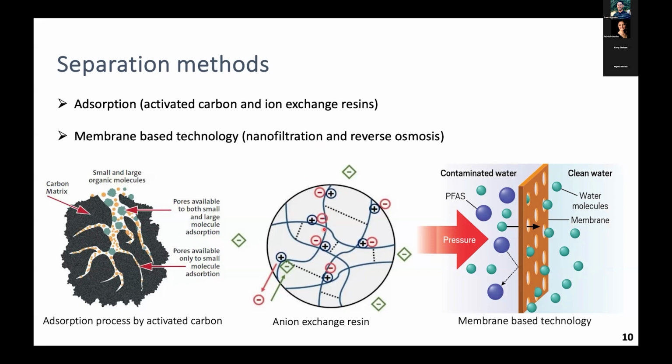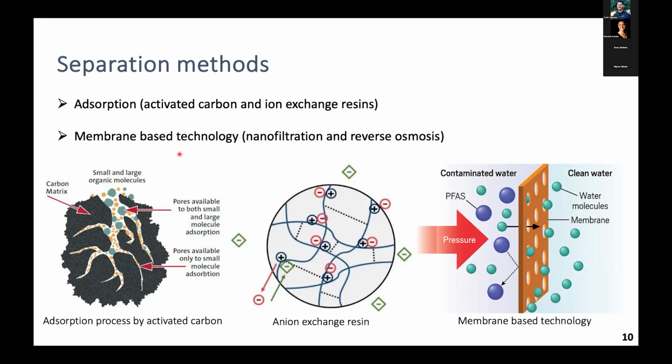Like in PFOA, it's the carboxylic acid, negative charge, or PFOS, it's the sulfonate group that's negatively charged. And the adsorption is going to be based largely on the charge. So both of these are very good at removing ones that have either a long chain for activated carbon or a high charge to mass ratio in the ion exchange resins.